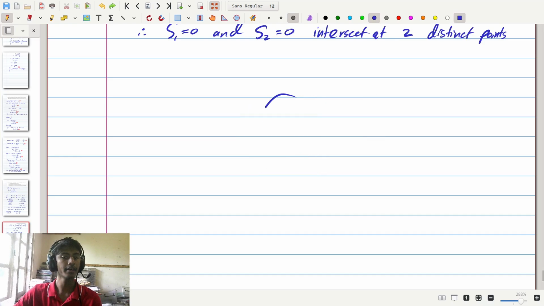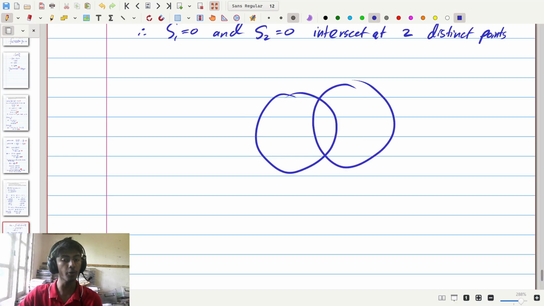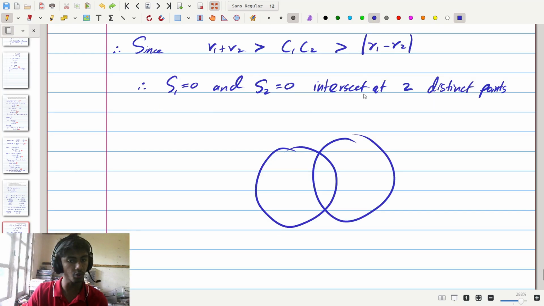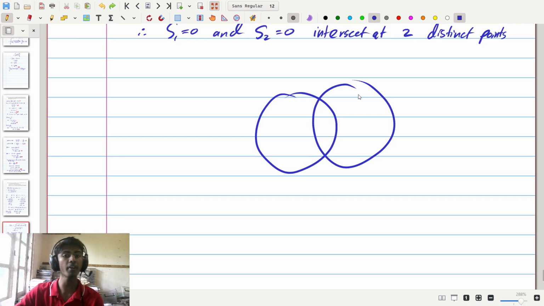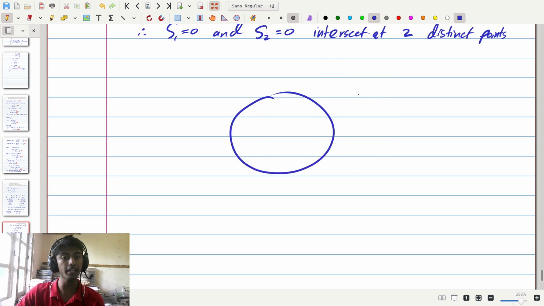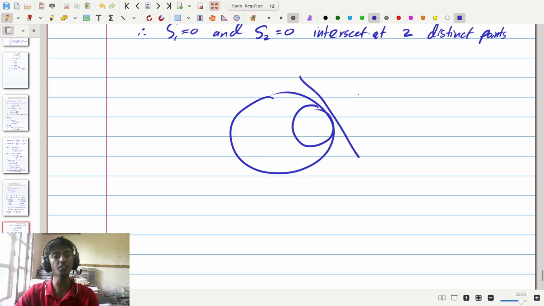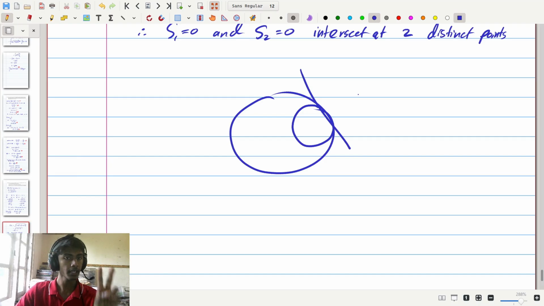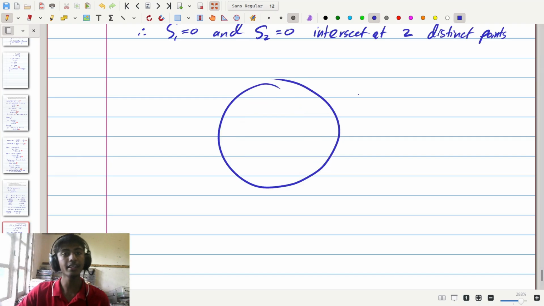Now instead, if two circles intersect at 2 points, like what we have with S1 and S2, then there will only be 2 common tangents, as this tangent right here and this tangent right here. Furthermore, if two circles intersect internally like this, then there will be only one common tangent, which is this common tangent right here. Now finally, if the smaller circle is inside the larger circle, then there will actually be 0 common tangents.